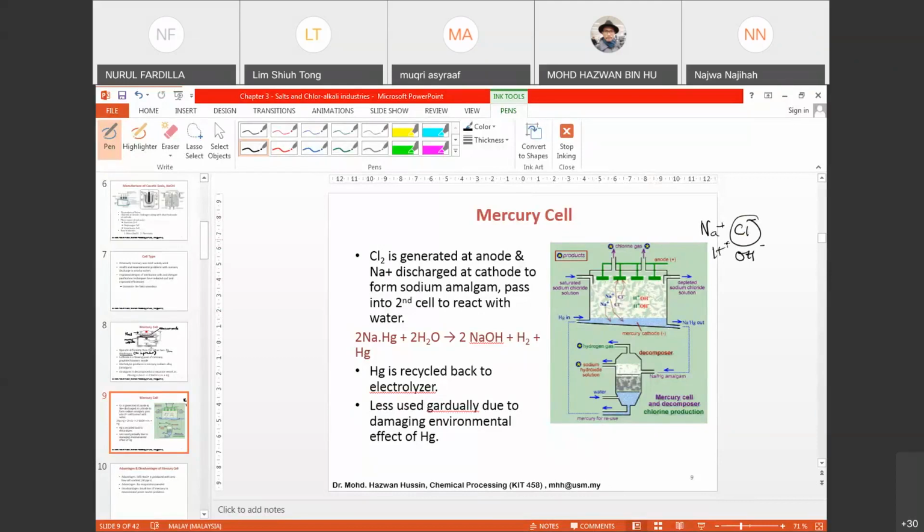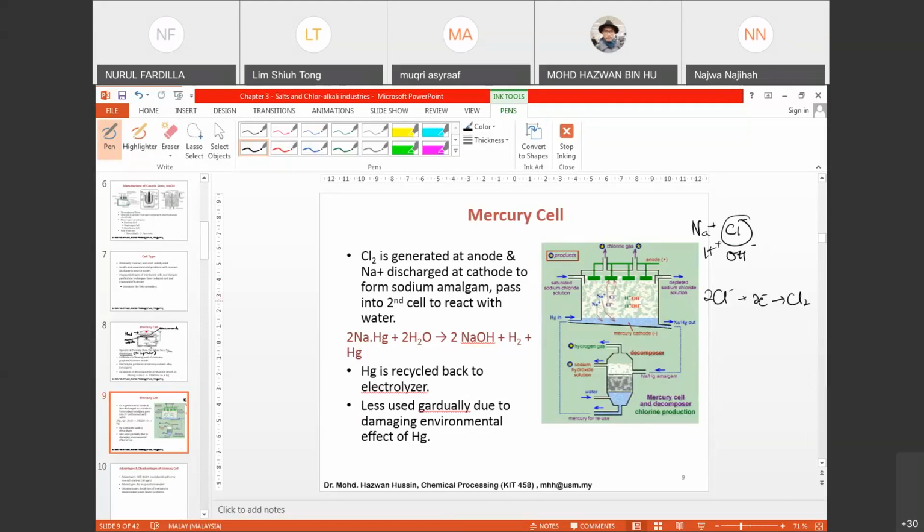The chloride ions that have dissociated in the cell are attracted to the anode, and the oxidation of chloride forms chlorine gas. That is why you see chlorine gas formed at the anode.